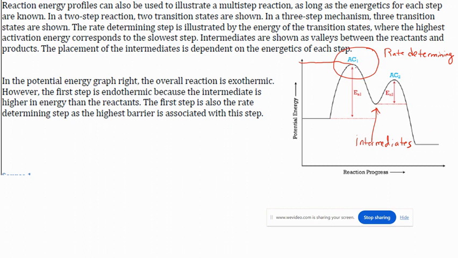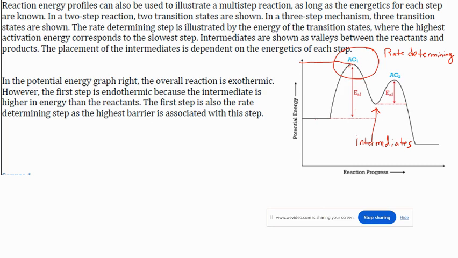Your activation energy for the first hump comes from the beginning energy to the top of that hump. That becomes your first activation energy. And then your next activation energy goes from the intermediate to the top of that hump. So if the second hump was taller than the first hump, but the activation energy was less than the first hump, which one would be the rate determining step?